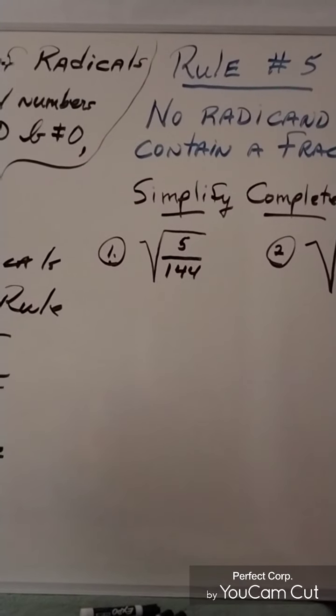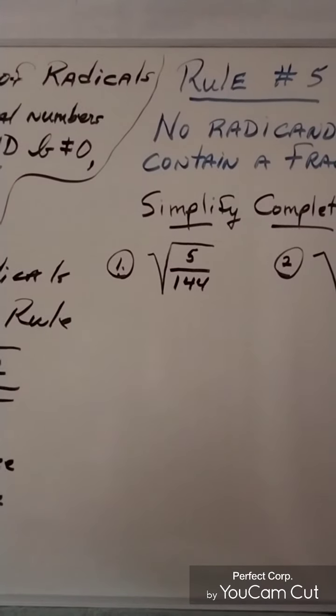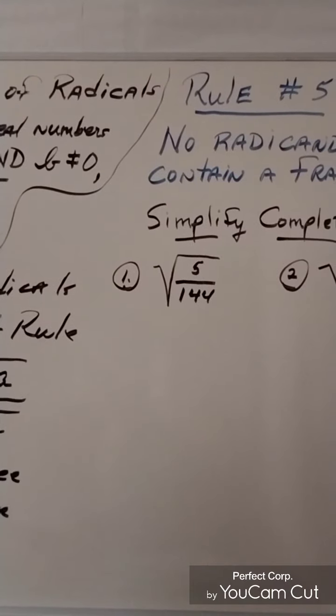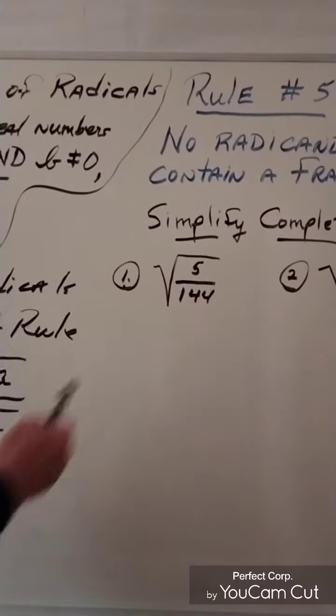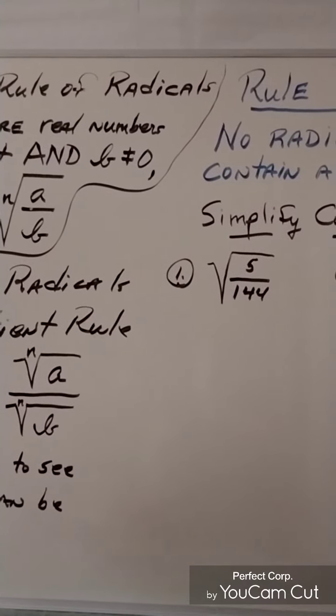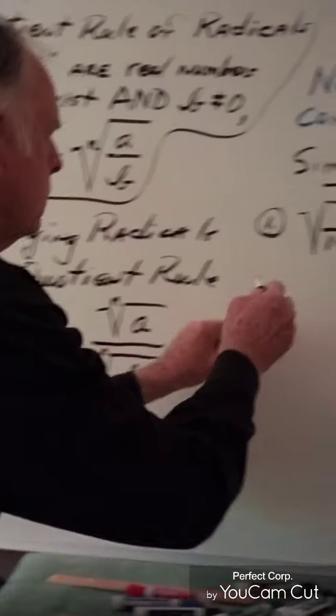So now we've got that out of the way. Now we're going to have to use the quotient rule of radicals to bust him up, to split him up. Why? Because the radicand cannot contain a fraction. So we're going to take this and we're going to split it up in this form. Let's put it right here.